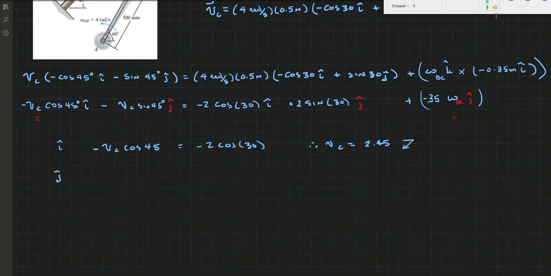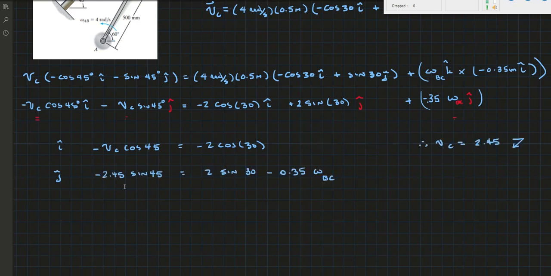And now if we group the j terms, we'll substitute in VC of 2.45, sine of 45 equals 2 sine of 30 minus 0.35 omega BC. We solve for omega BC, and omega of BC equals 7.81, and it's positive, so we're correct in our direction. And that will be our answer.